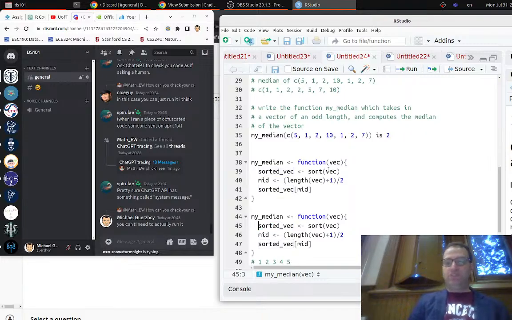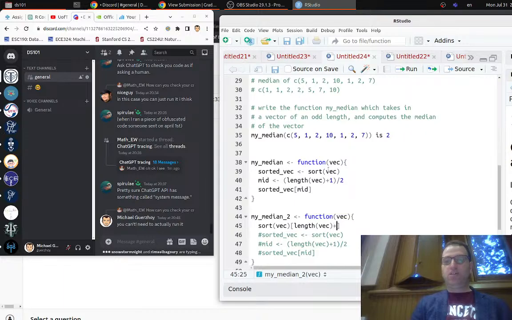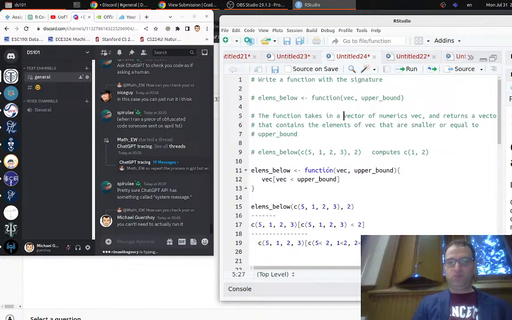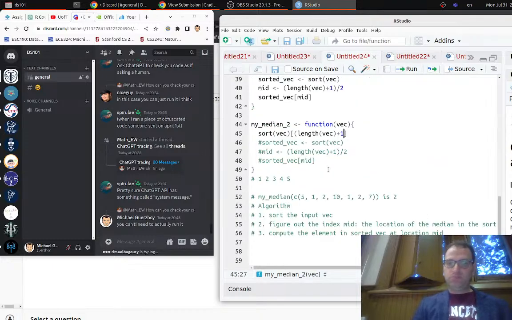But we don't have to. We could just directly say sort of vec at length of vec plus 1 over 2. And that's all we need. Does this make sense?